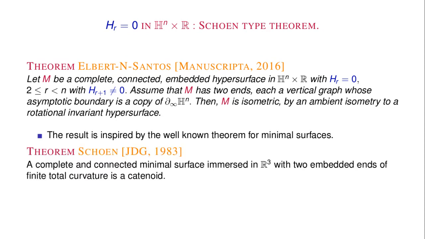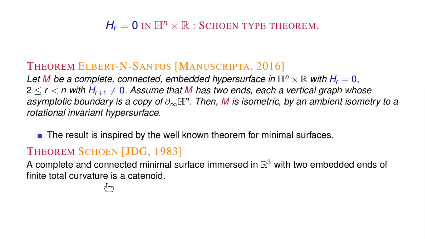This is clearly inspired by the well-known theorem for minimal surfaces by Shin: a complete connected minimal surface immersed in R3 with two embedded ends of finite total curvature is a catenoid. Of course, we cannot take finite total curvature here, it doesn't make sense, but finite total curvature for Riction implied that the ends were regular.